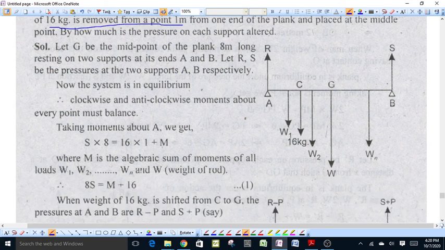Suppose G is the midpoint of the plank of 8 meter long, therefore AG will be equal to 4 meter and GB is also equal to 4 meter. G is midpoint. Now about this point G, clockwise and anti-clockwise moments will balance each other.